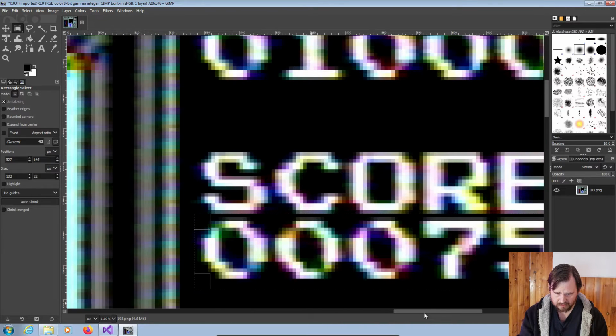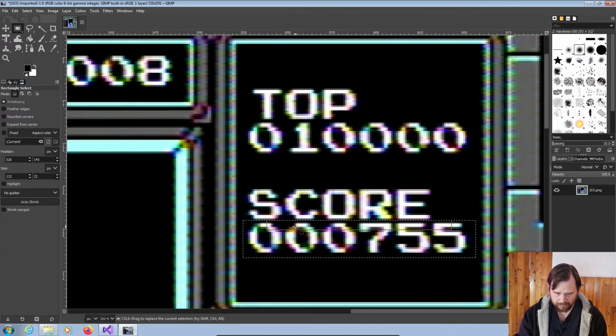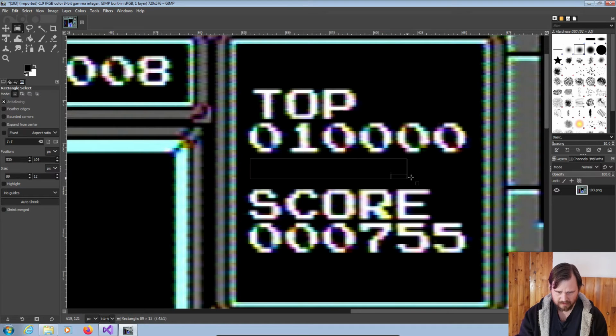That's quite moved over, so let's move this. Can I just move that? Oh, I can use the arrow keys. No, I want 132. Come on. 132 by 22. Now I can place this.